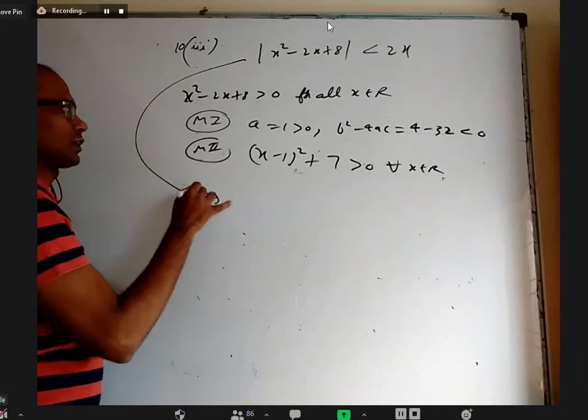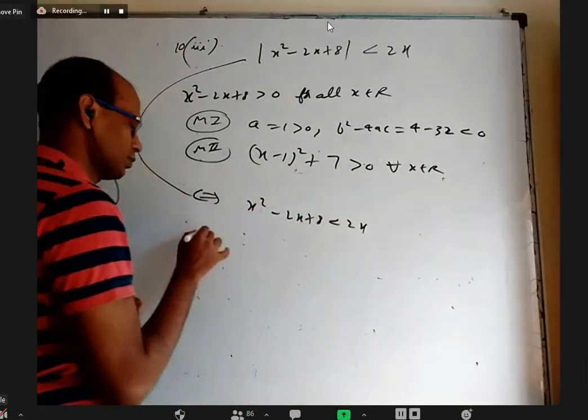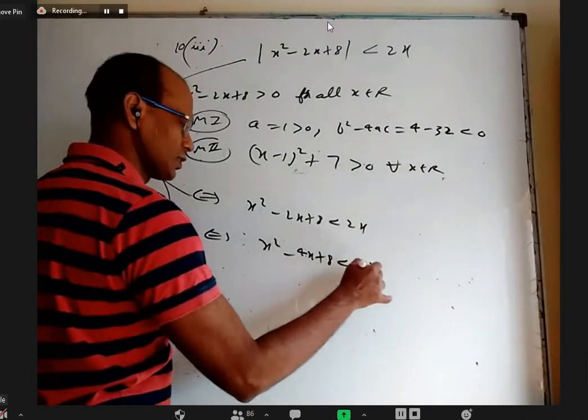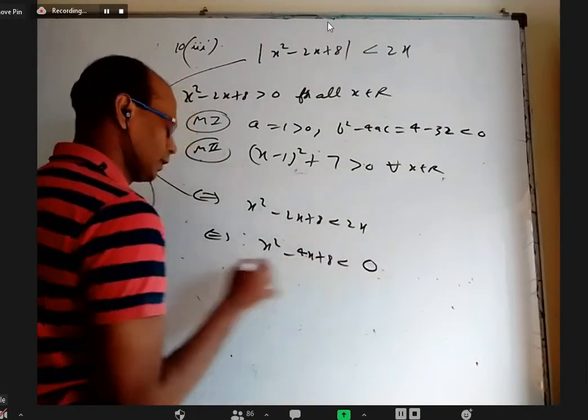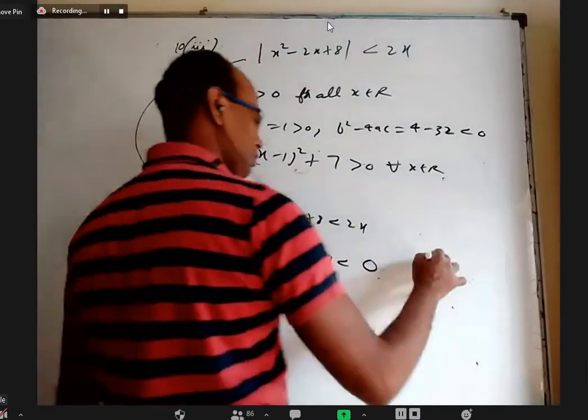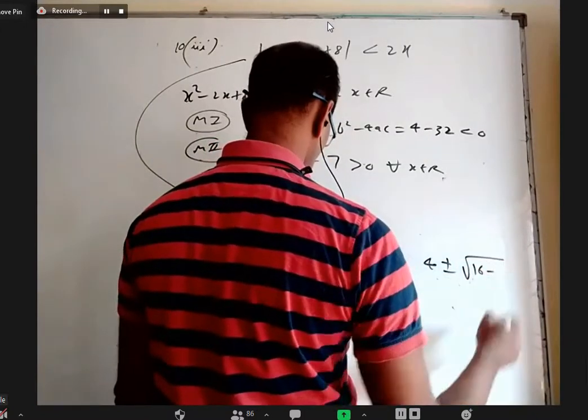So directly I can write x square minus 2x plus 8 should be less than 2x. That gives x square minus 4x plus 8 should be less than 0. Now, what are the roots for this? 4 plus or minus square root of 16 minus 32. Still the roots are complex.